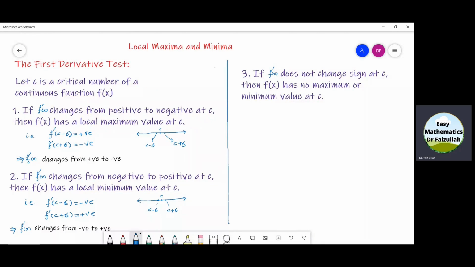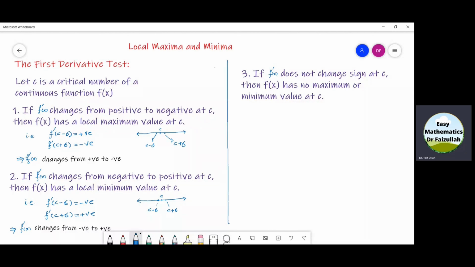Local maxima and minima. To find the maximum and minimum value of a function f of x on the whole real line or on the whole closed interval, then that type of maximum and minimum values are called the absolute or global maximum and minimum values.